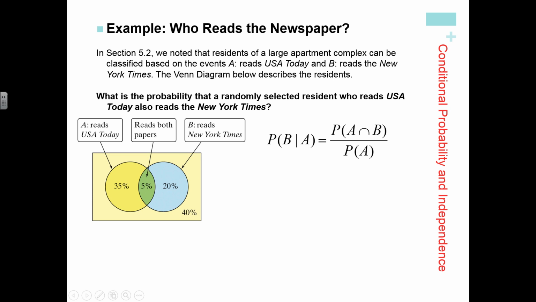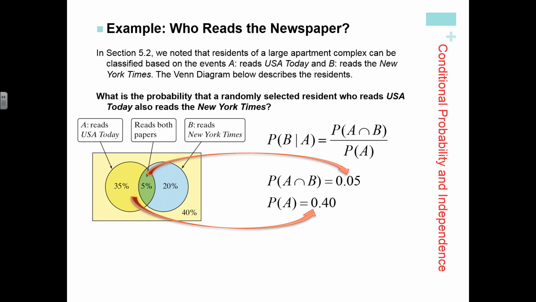Remember, it's the whole circle, so 0.4. I'm going to take that 0.05 divided by the 0.4 to get my conditional probability of B given A, which is 0.125. All right, talk a little bit more about this in class.